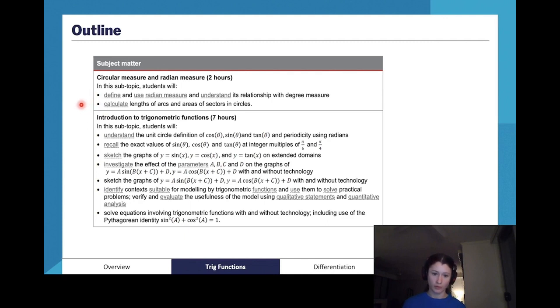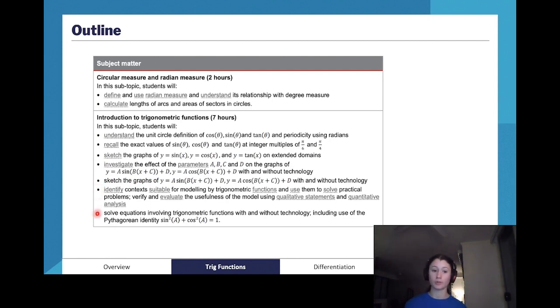Once we've gotten over that, then we're going to be looking at functions, which as you can see is a lot bigger. So we're going to be looking at how to graph these functions, the effect of parameters on these functions, and then also using trig functions in different contexts for word problems.